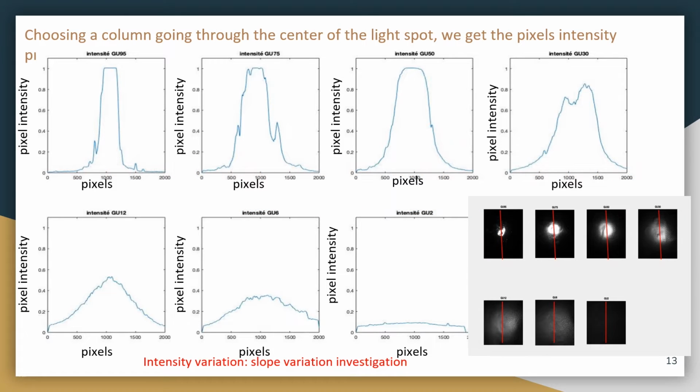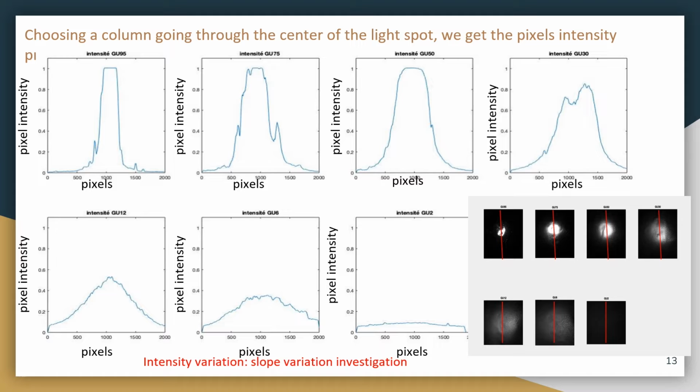Like this, we can show that the more the surface is glossy, the more the detected profile is narrow, and the more the surface is matte, the more the profile is large. So we can easily quantify the gloss by spotting the variation.